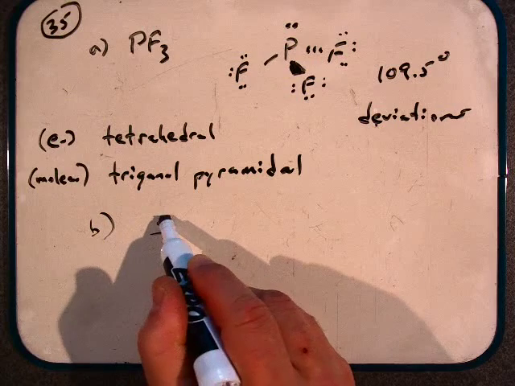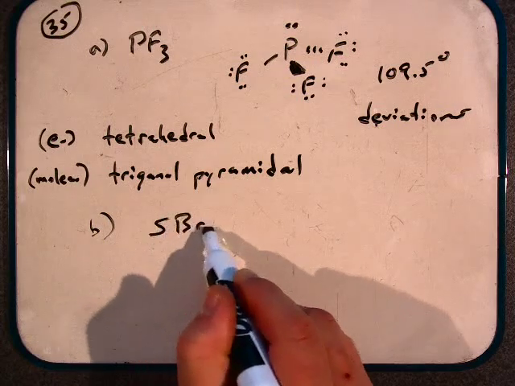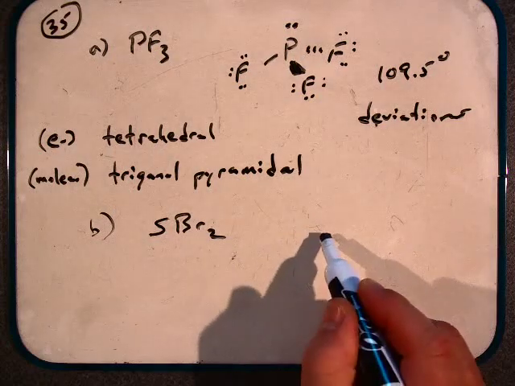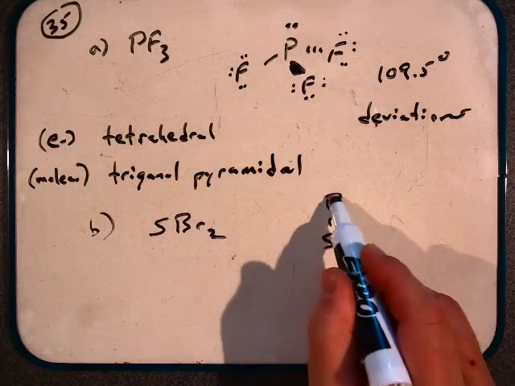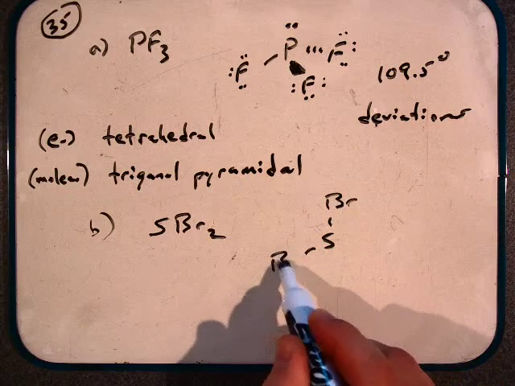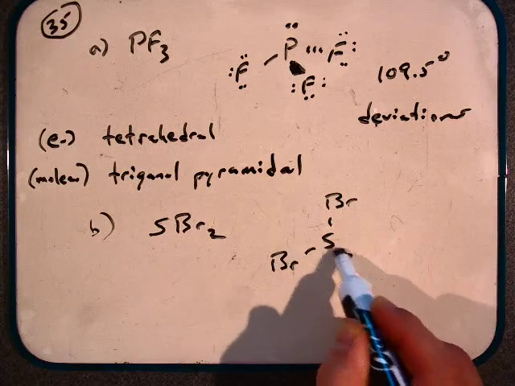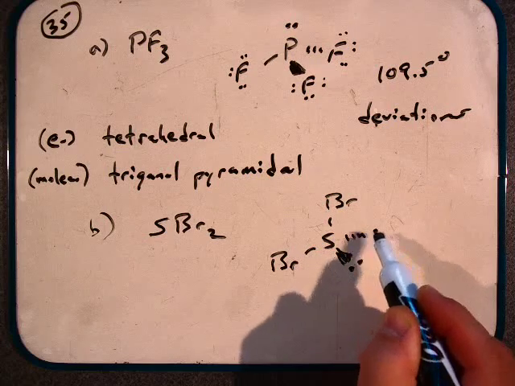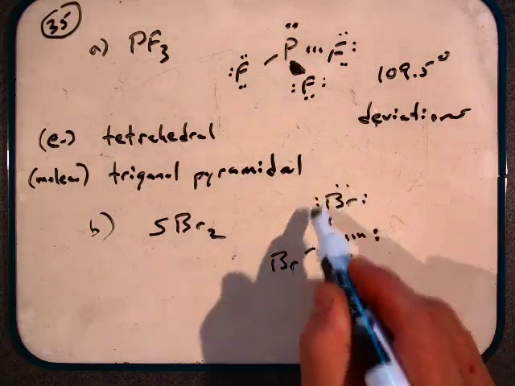Part B looks at sulfur dibromide here, SBr2. And if we put that structure together, we get a molecule that looks like this.